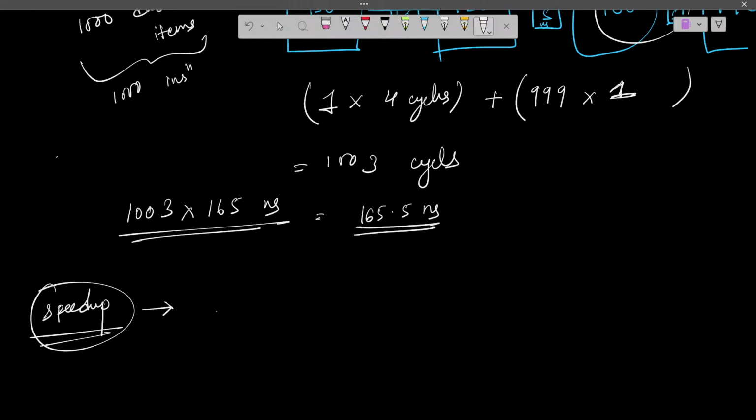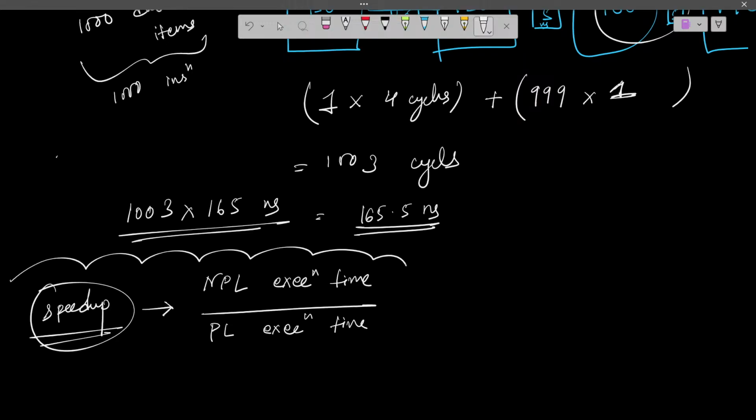So speed up is basically non-pipeline execution time upon pipeline execution time. That is what speed up is.